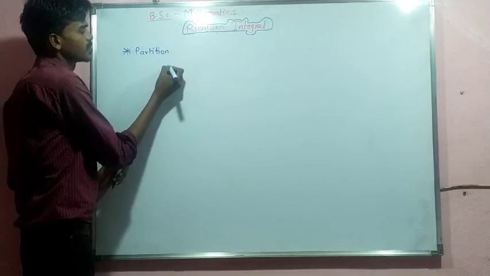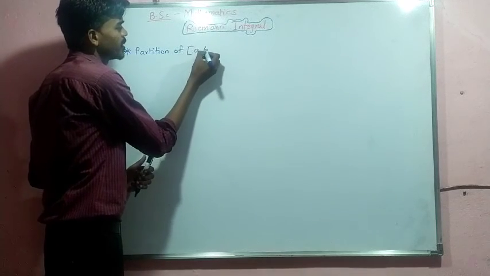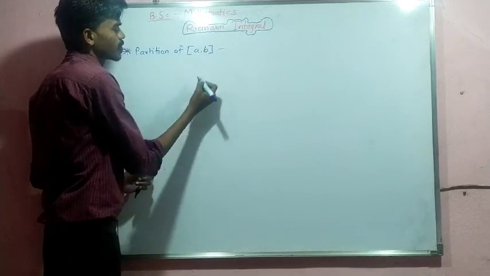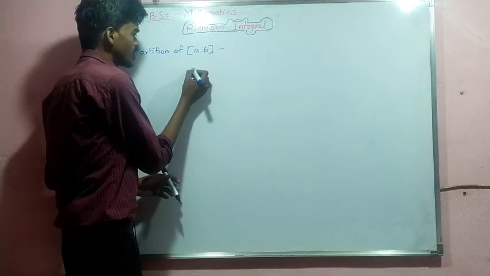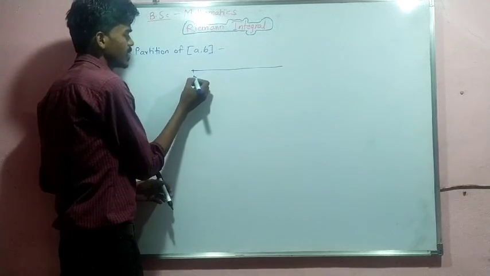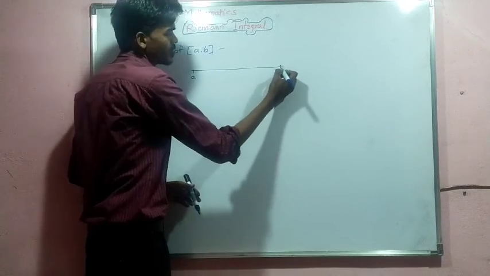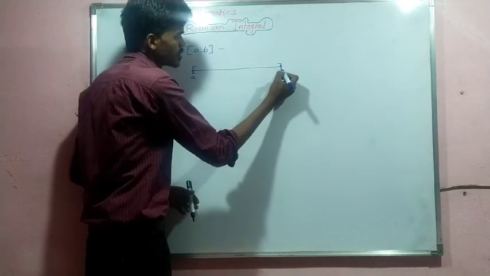partition of a closed interval AB. Suppose one line is there, like number A and number B. Closed interval means including the endpoints.